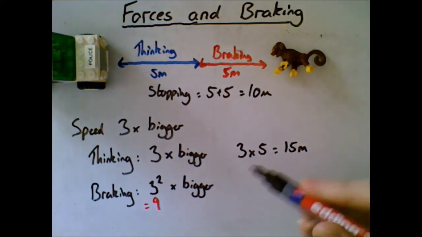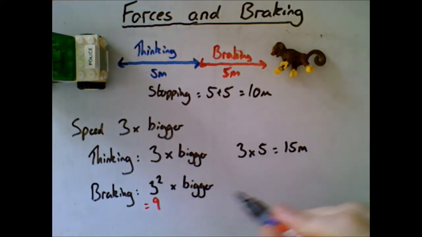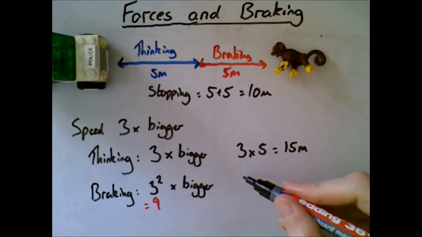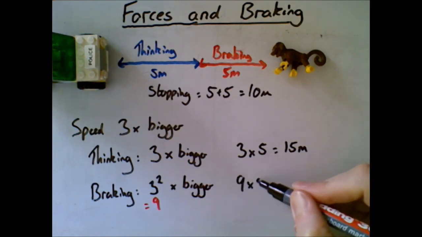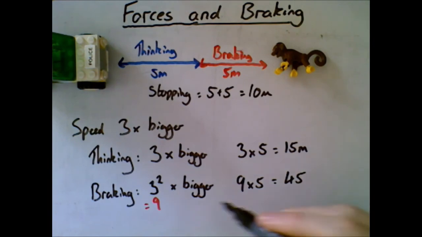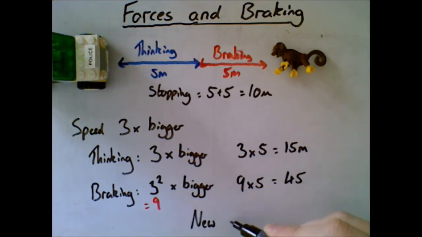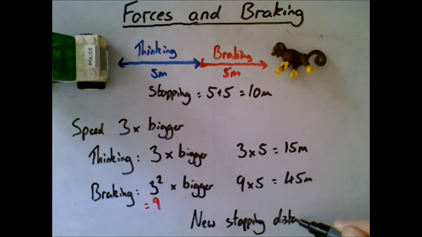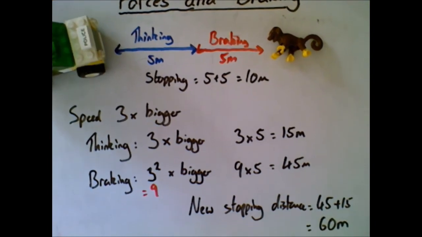And so that means that our braking distance is now 9 times bigger. So we've got 9 times 5, which is 45. And so our new total stopping distance is going to be 45 plus 15, which is 60 metres.